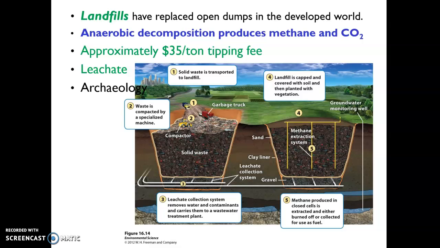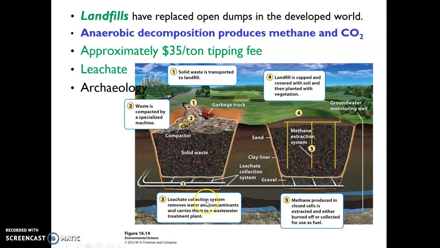But since it's compacted, there's no oxygen. That oxygen is going to be squeezed out of there and depleted. And you can see that it is lined with a protective liner that prevents any water and any pollutants that get in here from going into the ground and eventually into an aquifer.